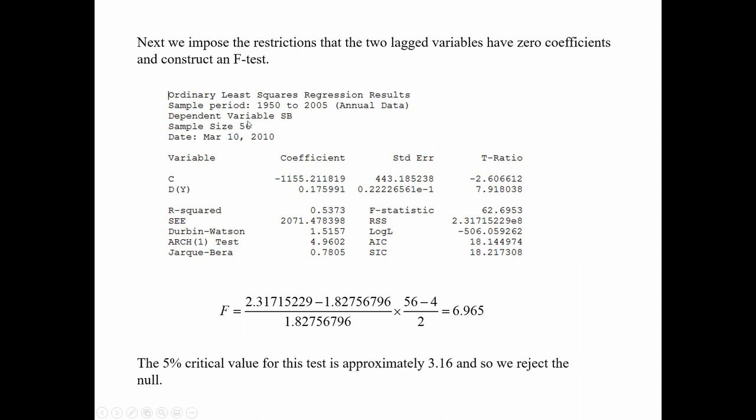I've imposed two restrictions on the original model in order to get to this equation. So what I'm going to do is do an F-test for those two restrictions. And the F-test is the standard F-test. It's based on the difference between the restricted and unrestricted residual sums of squares. And if we use the standard F formula, we get 6.965.